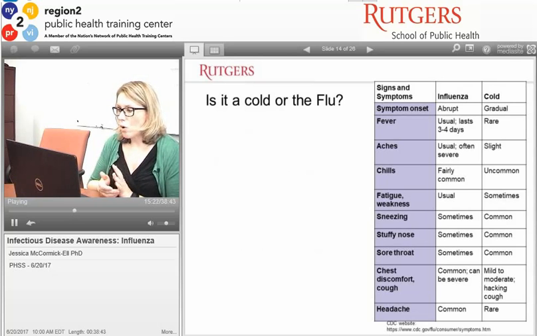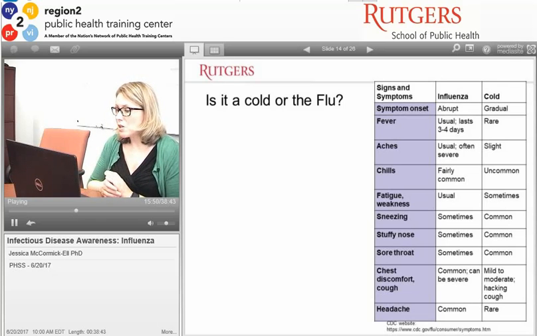So if you have a cold, you're not likely to have a fever, you don't have as severe aches and chills. You sometimes also may have not as severe of weakness and fatigue. You will, however, have more sneezing, stuffy nose, and sore throat with a cold than you will with influenza. The common symptoms are really more of like a cough, and the headache can also vary.